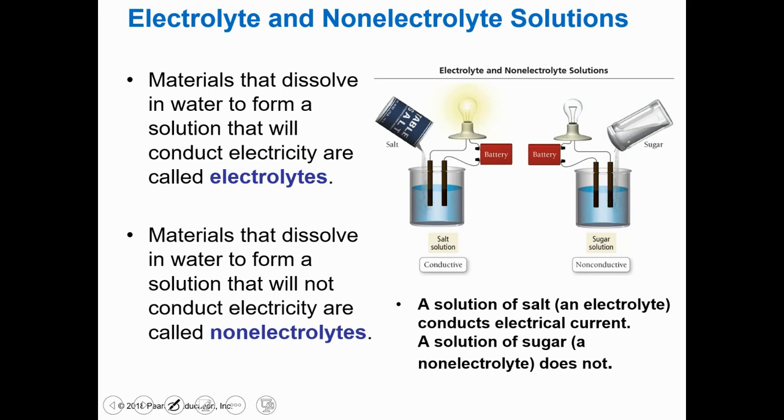Now, when I have things like sodium chloride dissolve, they form ions. So we just learned that when we put sodium chloride into water, it exists as sodium ions and chloride ions. When I have something that can exist as ions in our aqueous solution, they can serve as electrolytes.